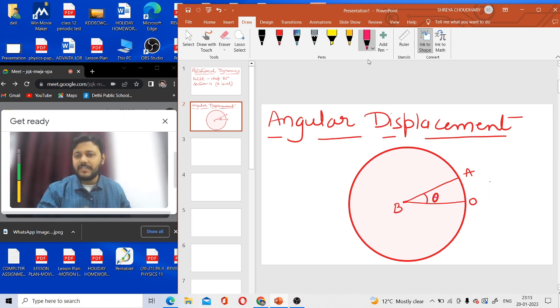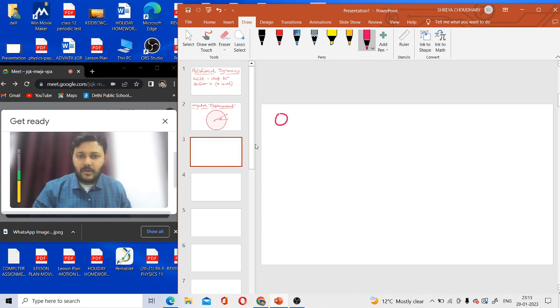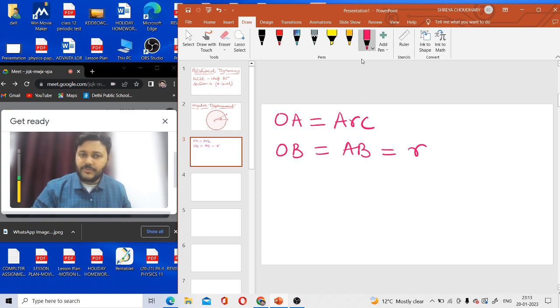Now this theta will be termed as angular displacement, and OA is the arc. So one by one, let us write down: OA is equal to arc, OB is equal to AB is equal to radius, and OA is being referred to as L. Let's take OA is equal to L.